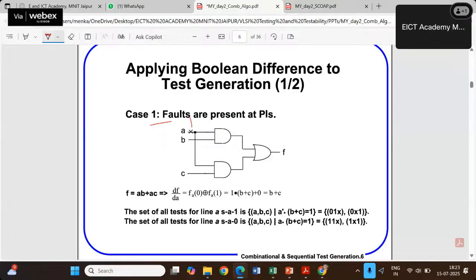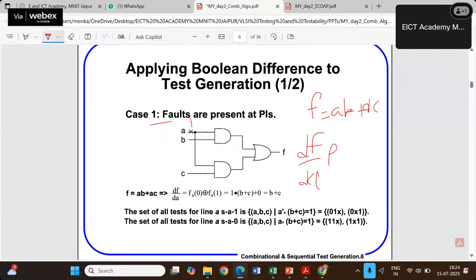So F was AB plus AC. Now, if I want to find the Boolean difference, the fault is at input A. So df upon dA can be written as, first I have to find F at A equal to 0.